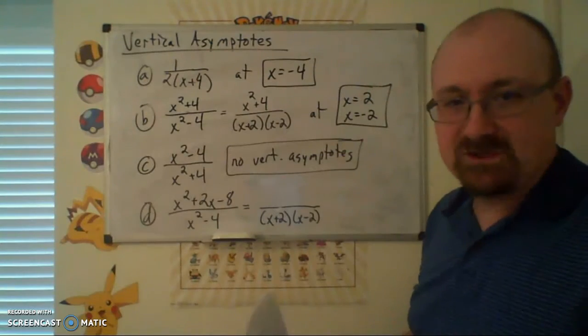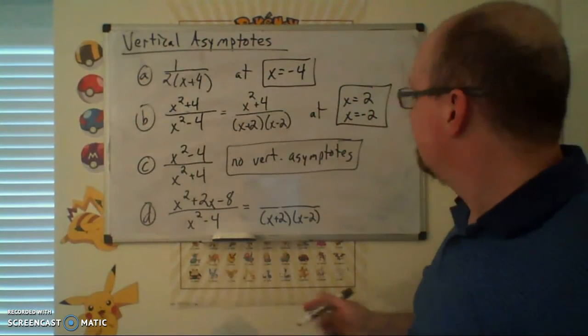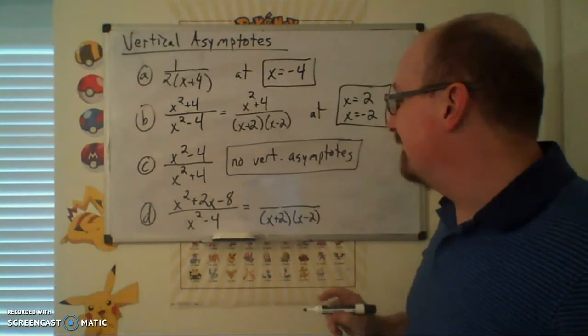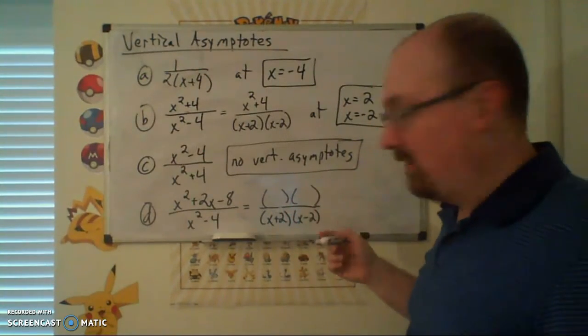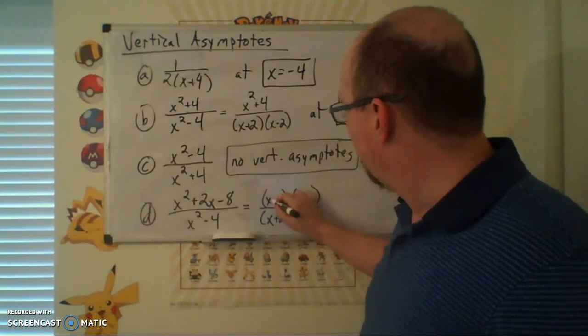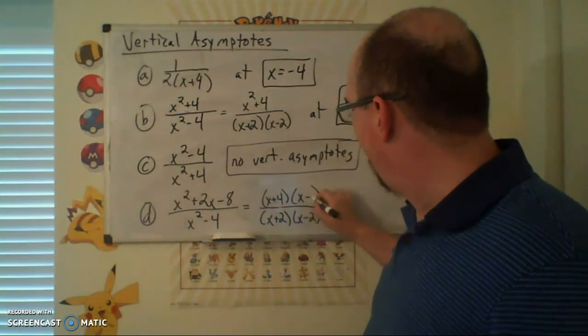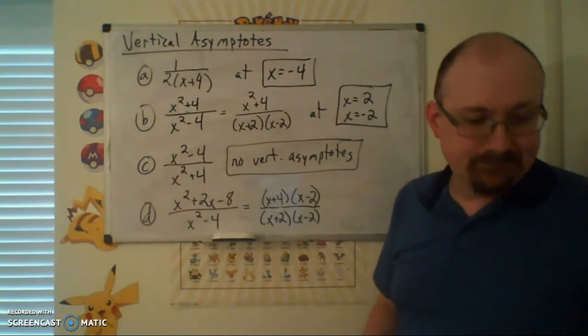Okay, so we have (x plus 2)(x minus 2), yet again, down below. Top side, looking at this guy, if you need a moment to factor it, that's fine. Like I said, hit pause. When I worked this out, I got (x plus 4)(x minus 2).